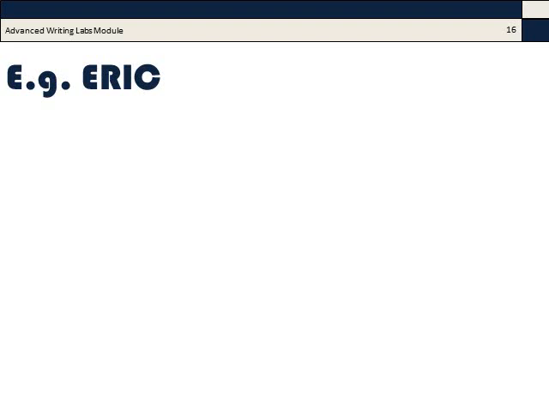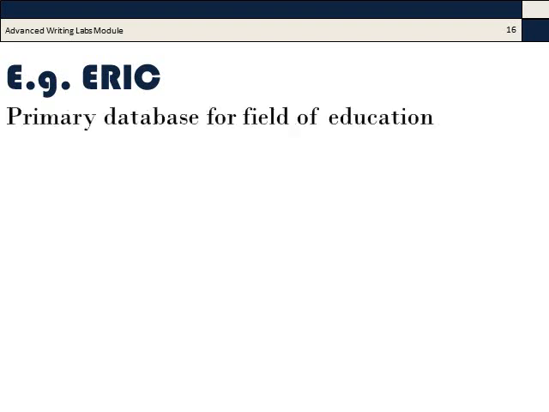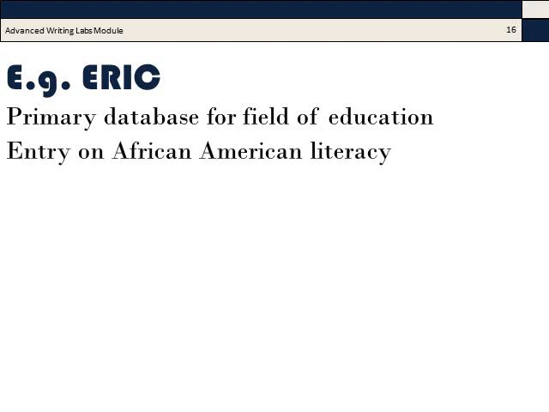If you work or study in the field of education, you know that the main database for that field is called ERIC. And the ERIC database gives us the option of copying a proper citation.